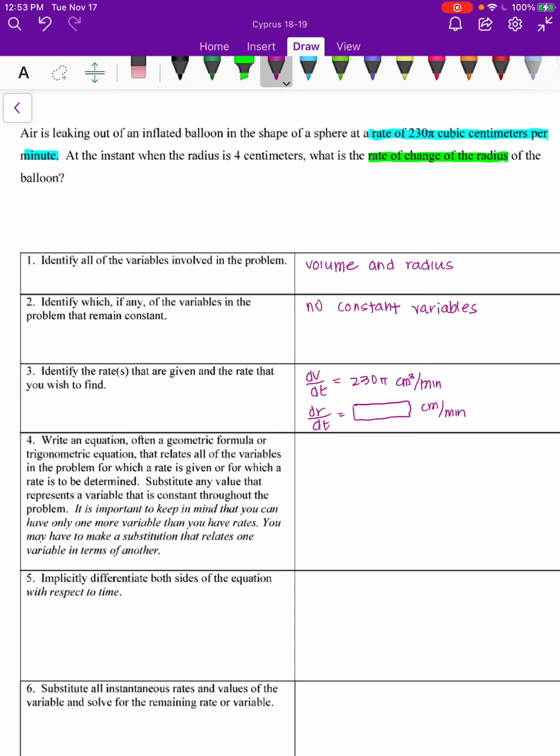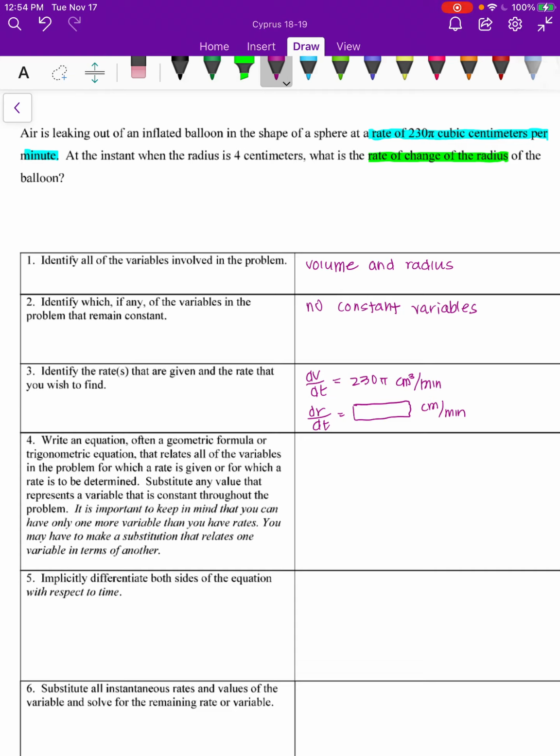Okay. So number 4, it says write an equation, and most of the time it's a geometric formula or trig equation that relates all of your variables in the problem for which a rate is given or for which a rate is to be determined. So we want an equation that has V and R in it that relate these two things together. And V is volume.